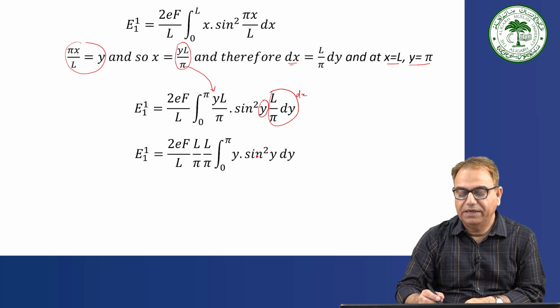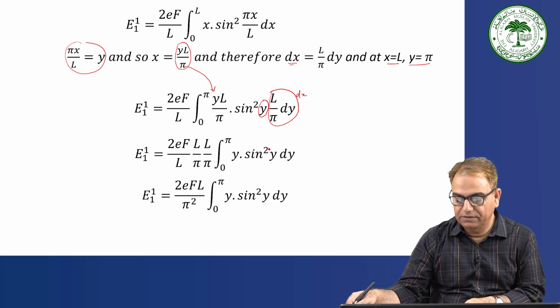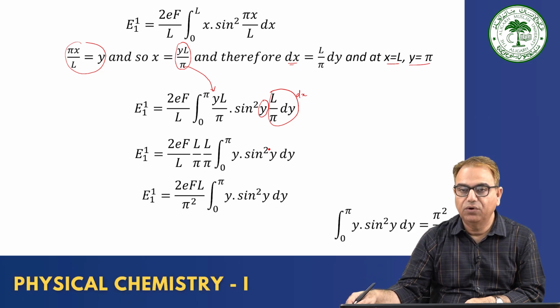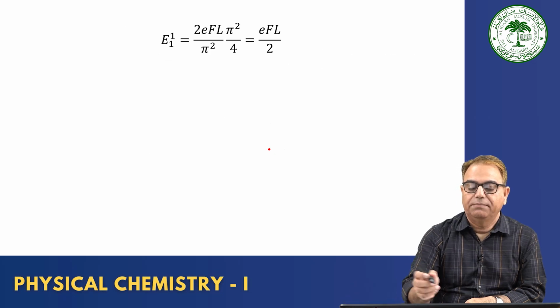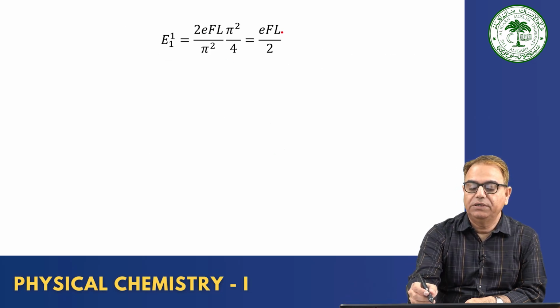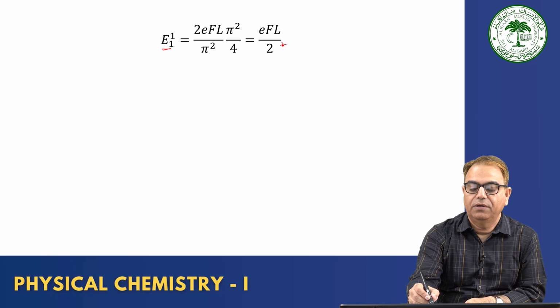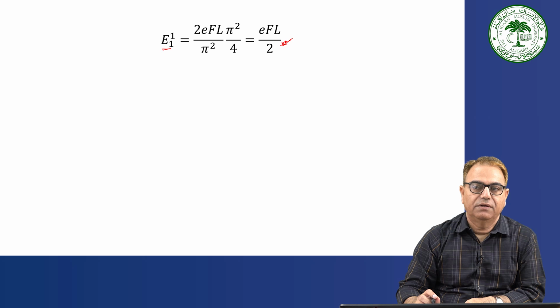So you have y sine square y dy, and we have the standard integral for y sine square y dy, which gives pi square divided by 4. If you put in this value, you get 2EFL divided by 2 as the first order correction to the energy of a particle in a one-dimensional box placed in an electric field of strength F.